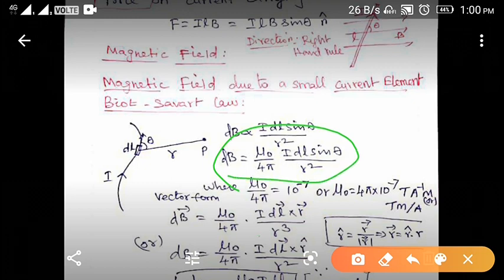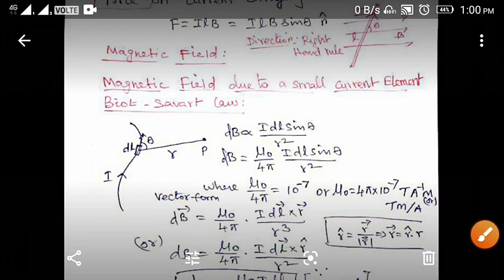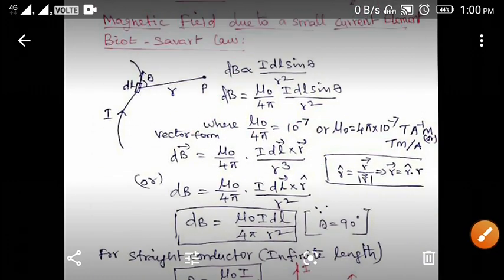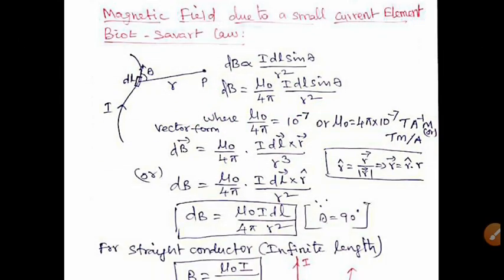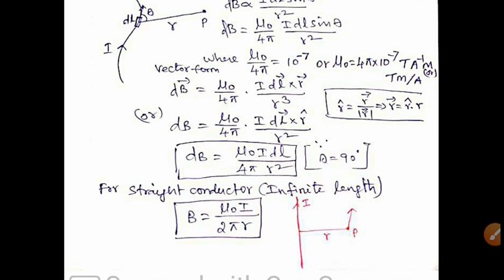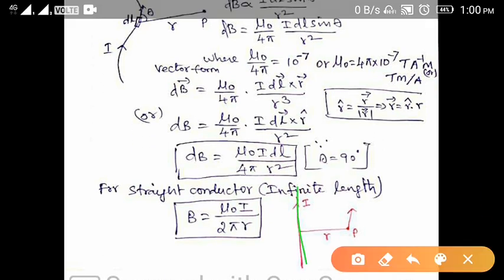This is the magnitude, and this is the vector form, also representing the direction. Next we can apply the Biot-Savart law to a straight conductor whose length is L, and we are finding the magnetic field at the point P. This is given by mu naught I by 2 pi r.